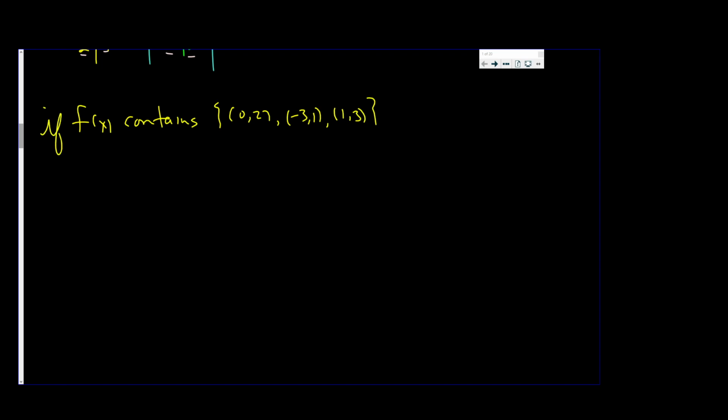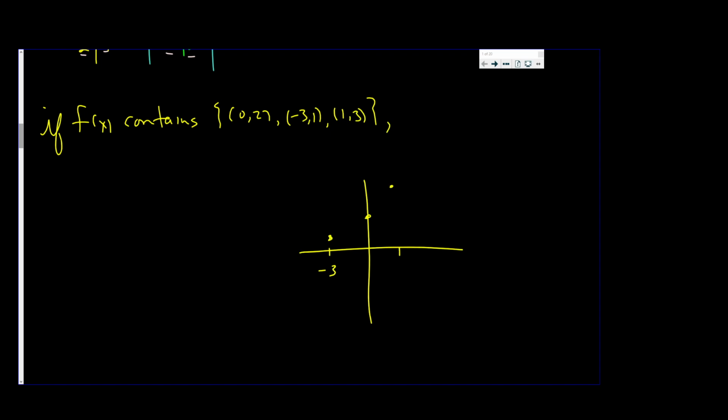If f of x contains those 3 points, and if you're going to plot them, here's 0, 2, here is negative 3, 1, and here is 1, 3.